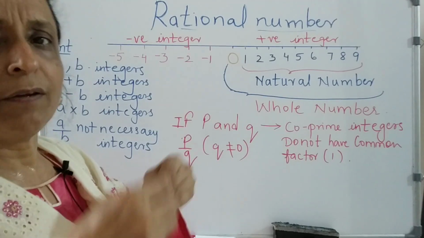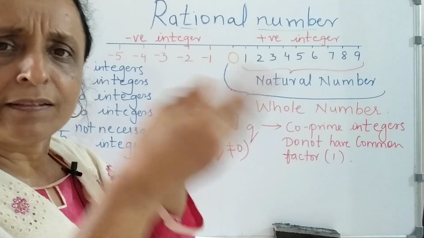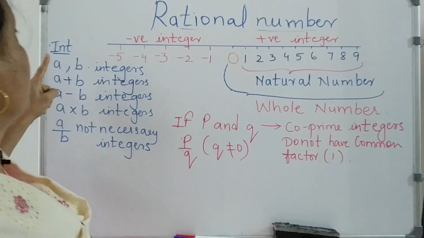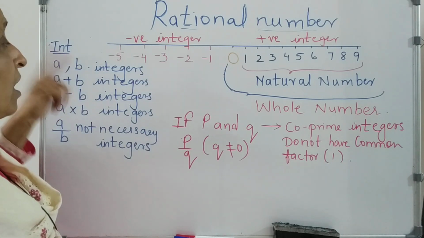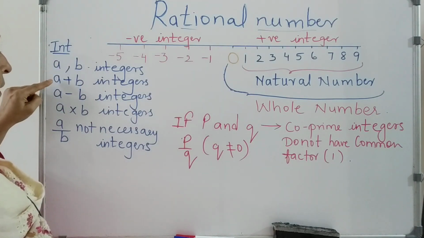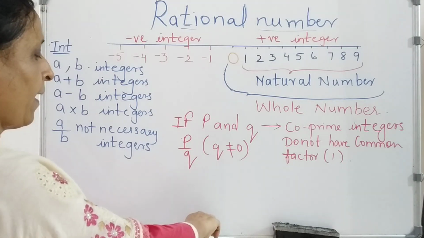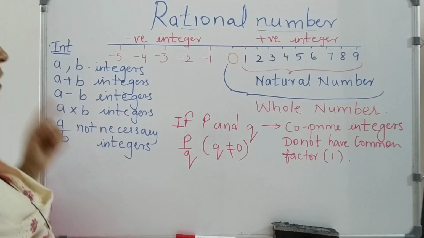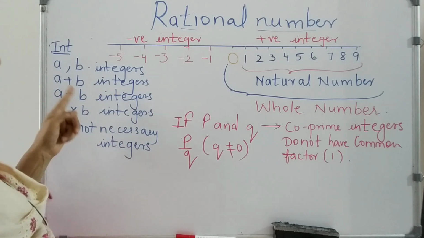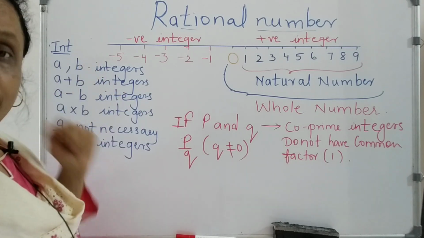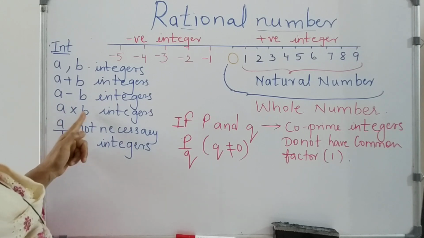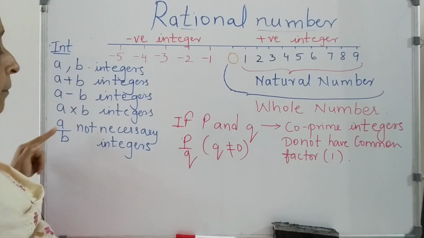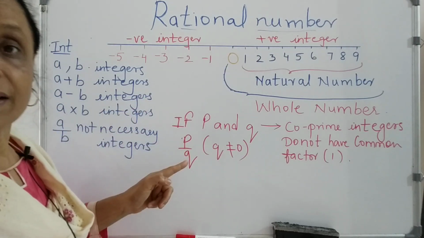Again, B can be anything, it is integers. So A and B are integers. Then A plus B is also an integer. A minus B is also an integer. A into B is also an integer, but A by B is not necessarily an integer.